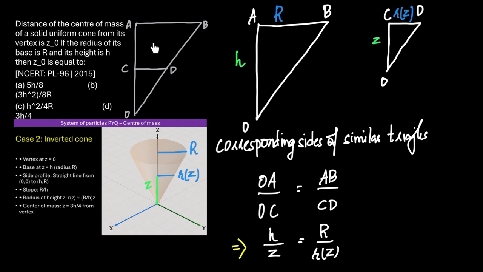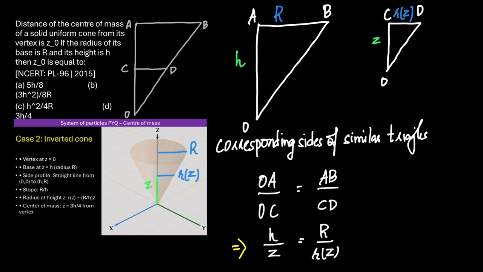Now we know that these two triangles are similar, and since these triangles are similar, the corresponding sides of similar triangles have to be proportional. And since they are proportional, we can write the corresponding heights should be equal to the corresponding radii, right? So OA by OC should be equal to AB by CD.